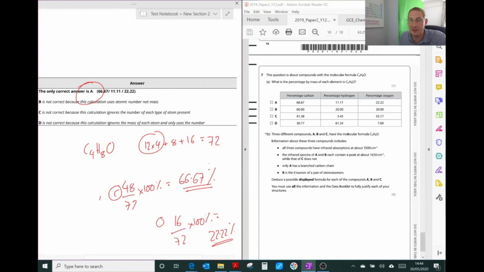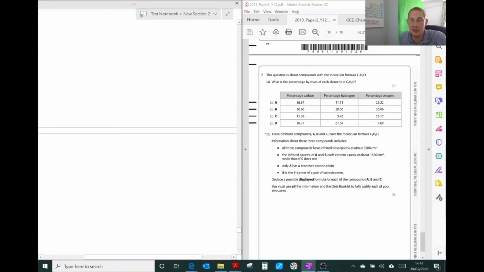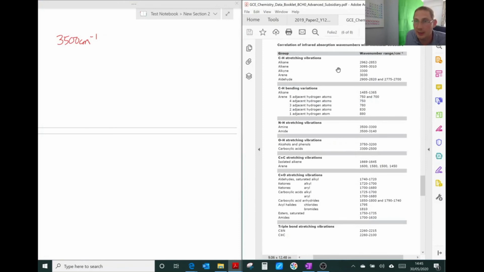Finally, 3 different compounds have the molecular formula C4H8O. They've all got IR absorptions at about 3,500 per centimetre. So we look at our GCSE Chemistry Databook, and we can see around 3,500. What are we looking at?